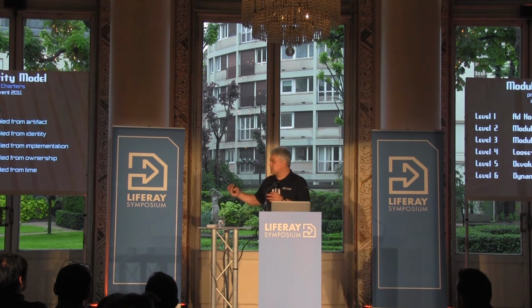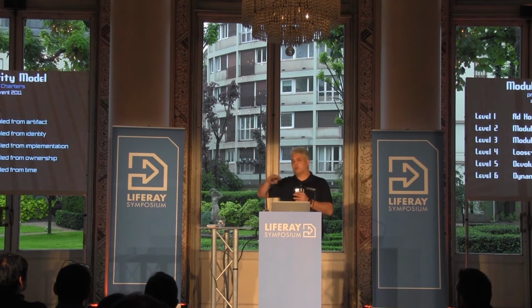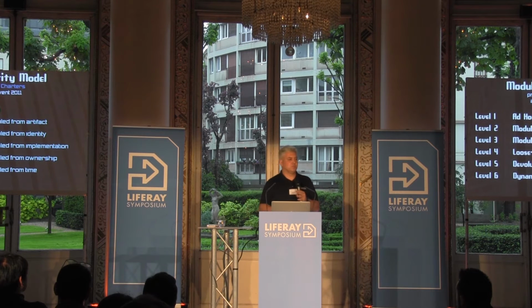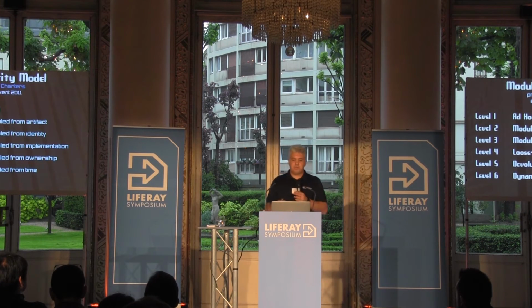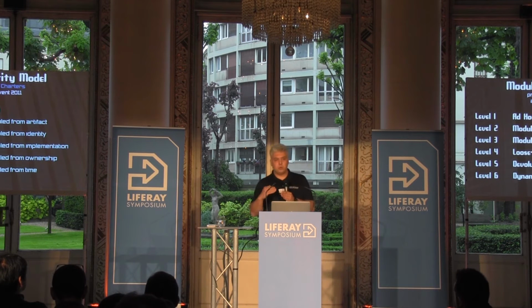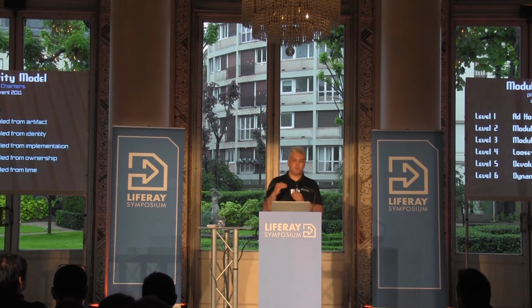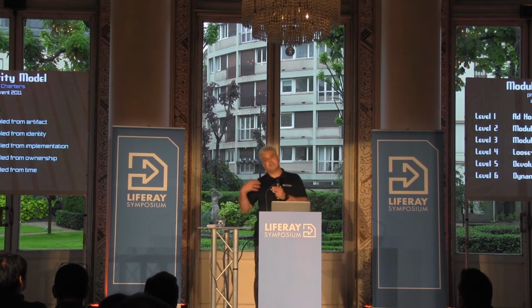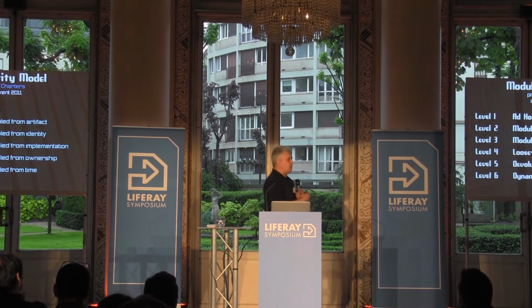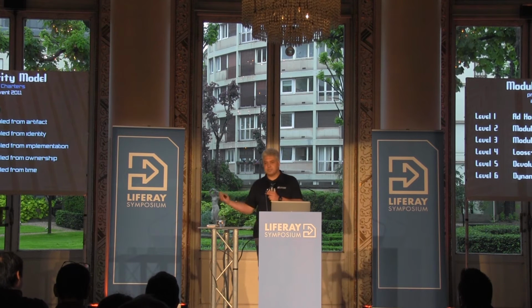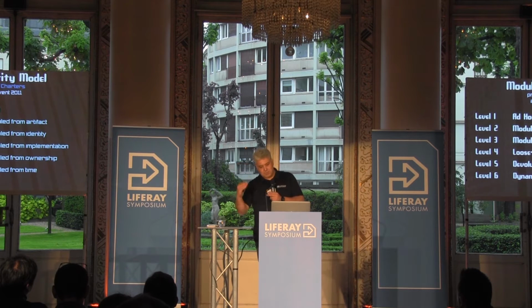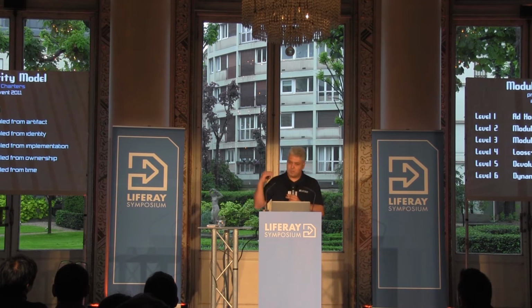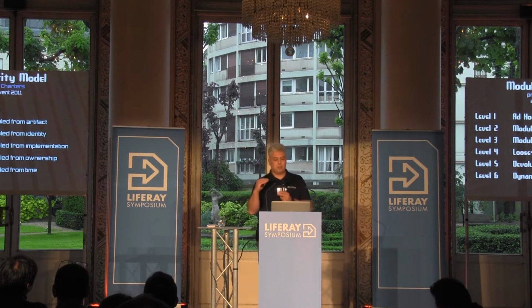But basically, it says that at the first level, you have no modularity. This is your traditional Java, put everything together and make it work. Then if you want to go modules, you are decoupling yourself from the artifacts. So basically, you give your artifacts an identity, and that's what you rely upon. You rely upon identities, not artifacts. Then you want to move one step up, and you want to decouple yourself from identities as well, right?